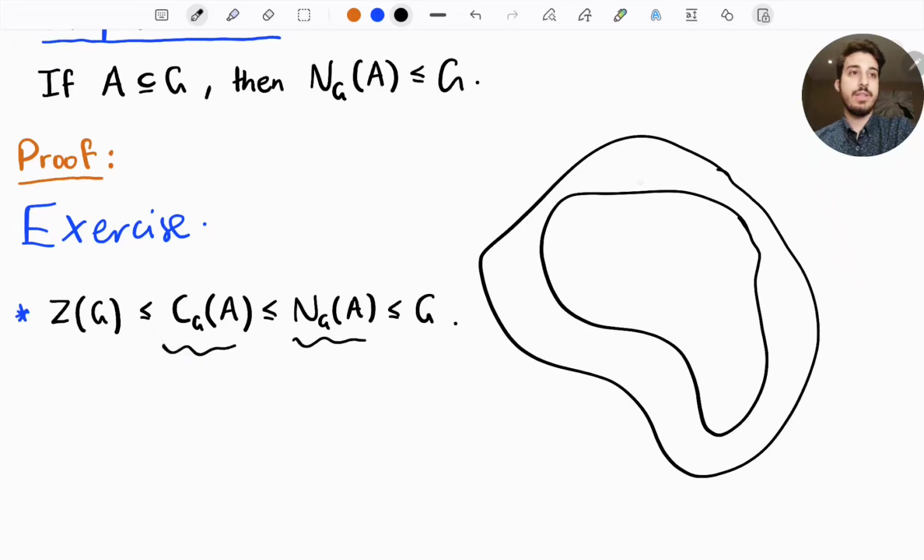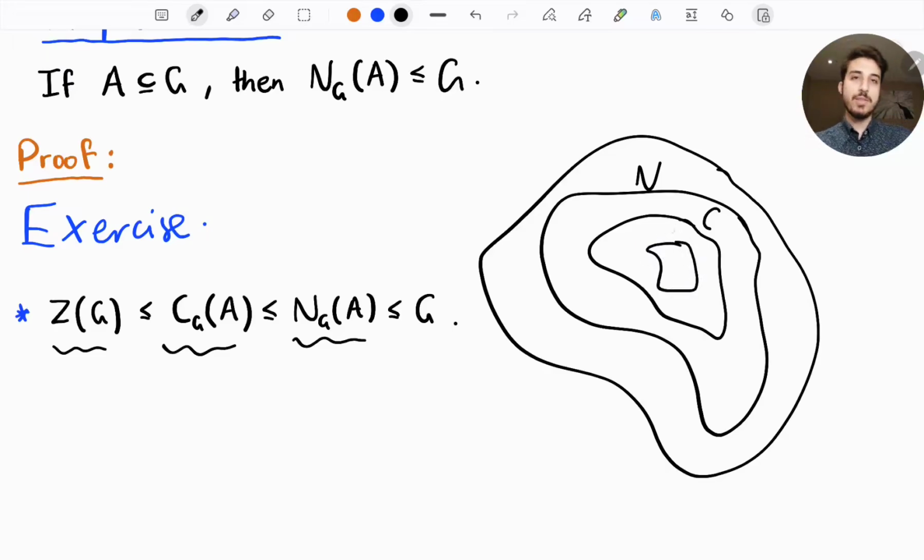This is N, and then afterwards comes C, and then the smallest one would be the center, Z. I'm guessing this is why they call it the center, because it is sort of the nucleus, the commutative nucleus, if you will, of G. So the center is a subgroup of the centralizer of A, which is a subgroup of the normalizer of A, which is a subgroup in turn of G. And with that, we finish today's lesson.